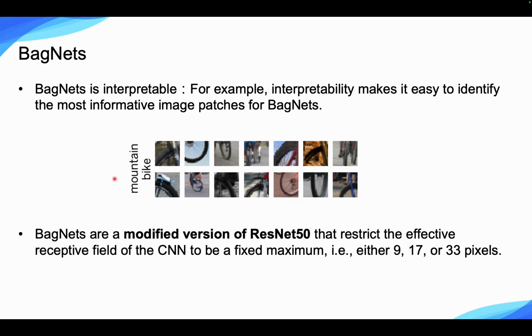For example, in a mountain bike image, we can easily know which part is the most important for this class. Another property is that BagNets are a modified version of ResNet 50 that restrict the effective receptive field of the CNN to a fixed maximum, either 9, 17, or 33 pixels.